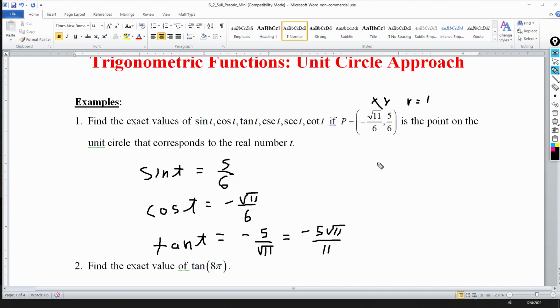And then for the other three, they're just the reciprocals. So the cosecant of t is the same as the value for sine, except it's the reciprocal. So cosecant of t would be 6 over 5. And then the secant is the reciprocal of cosine. So secant of t would be minus radical 11 over 6.